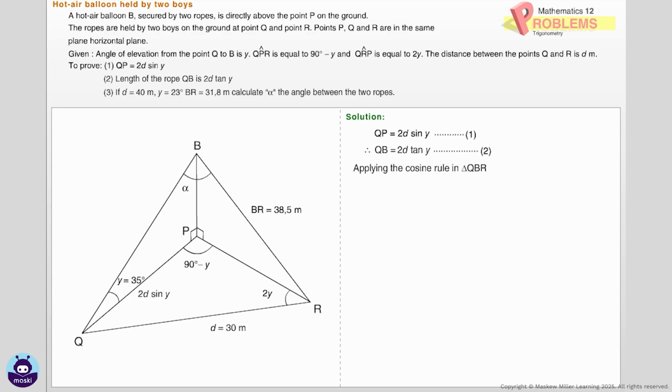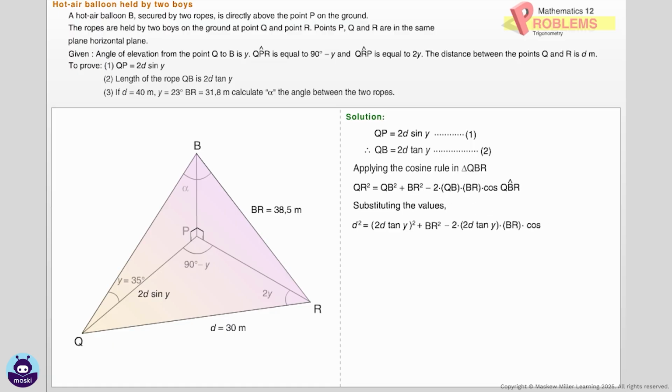Now, we apply the cosine rule in triangle QBR to determine alpha. QR square equals QB square plus BR square minus 2 times QB times BR times cos angle QBR. Substituting the values, we are given that d equals 30 meters, y equals 35 degrees, BR equals 38,5 meters.